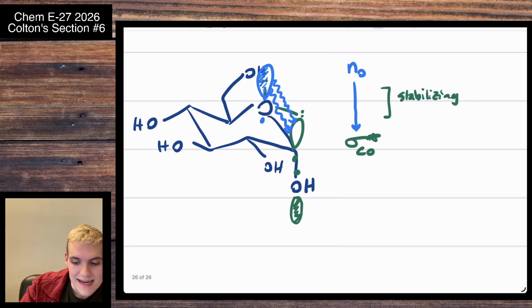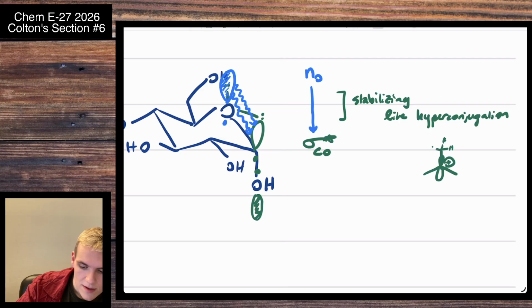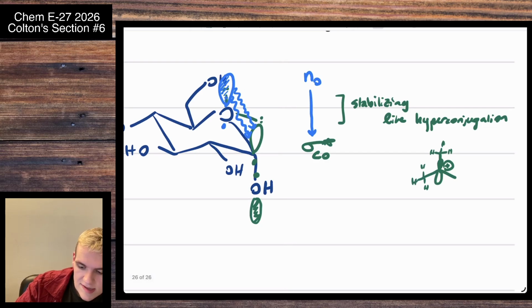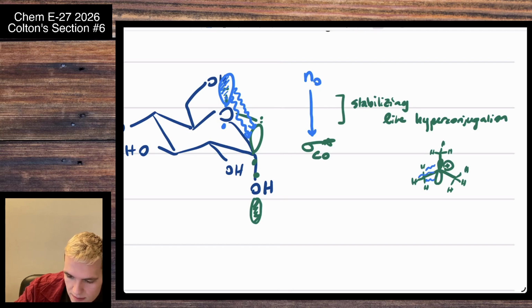And it's kind of like hyperconjugation. So we said, for example, last term, that if we had a carbocation, an empty p orbital, then the more neighboring hydrogens that we have, the more of this hyperconjugation there would be, where all of these neighbor CH bonds can donate in, and stabilize the carbocation.